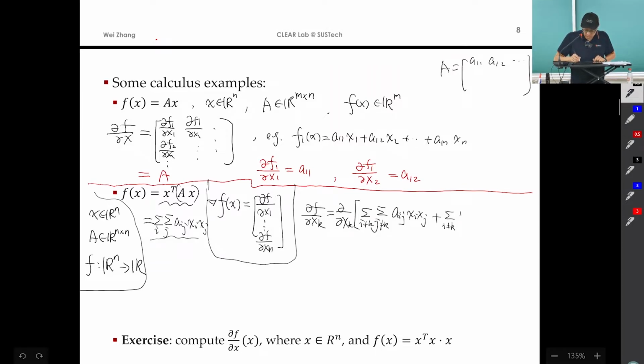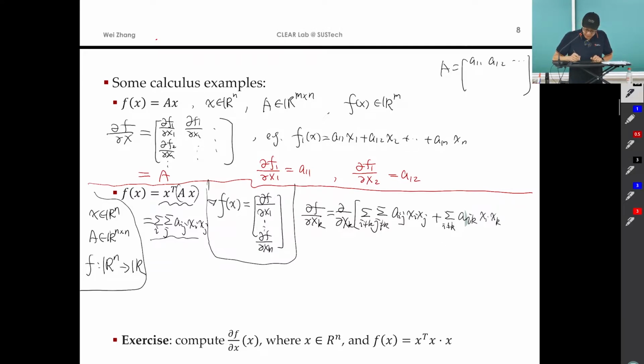So i, this is a, small a, a i k. Okay, j is k, fixed. So this is xi, xj becomes xk.